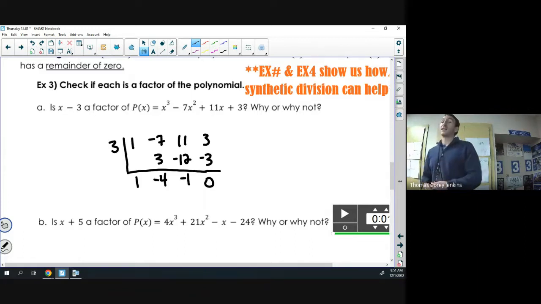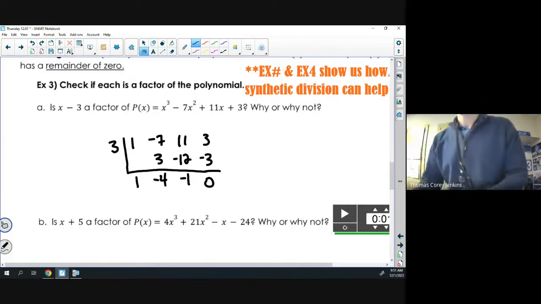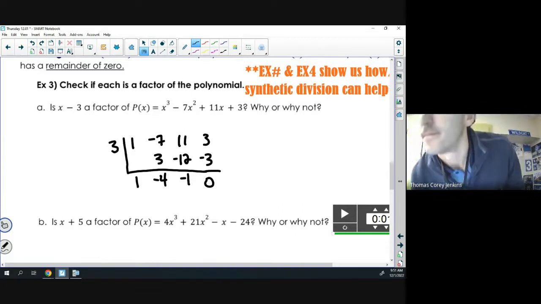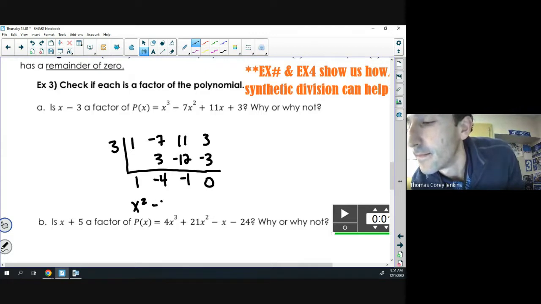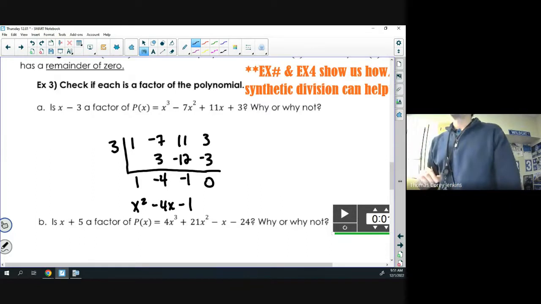If you haven't already done so, go ahead and write out the quadratic function that 1, -4, -1 represents. That should just be x squared minus 4x minus 1. We still haven't really answered the question. Is it a factor? What would you guess based on what's written on the board?